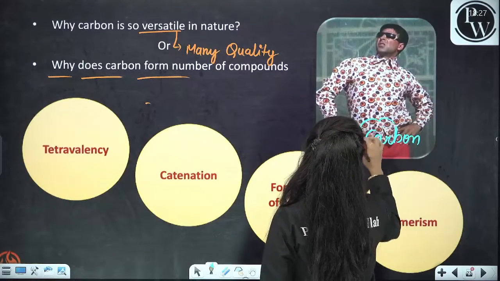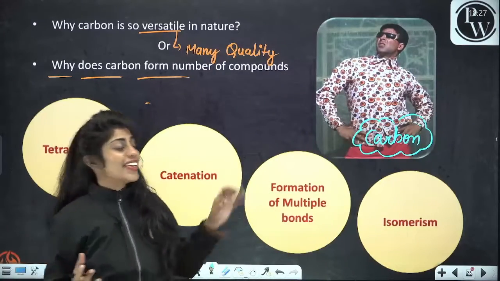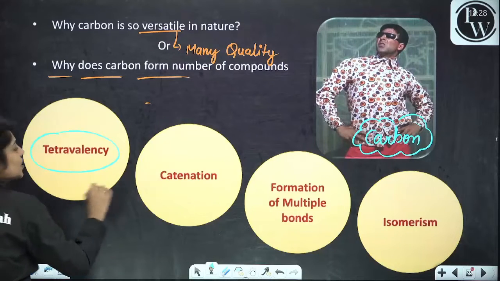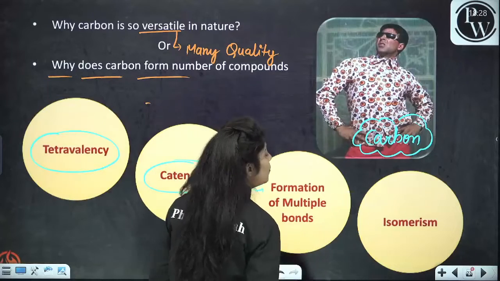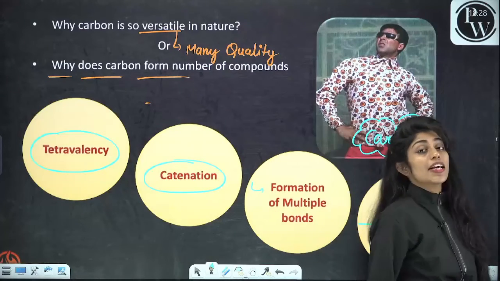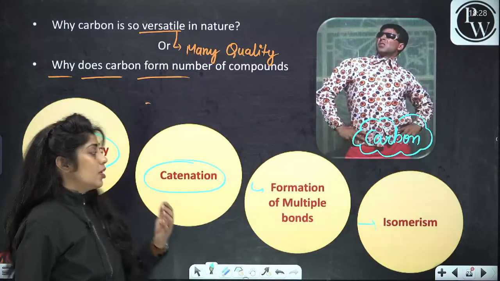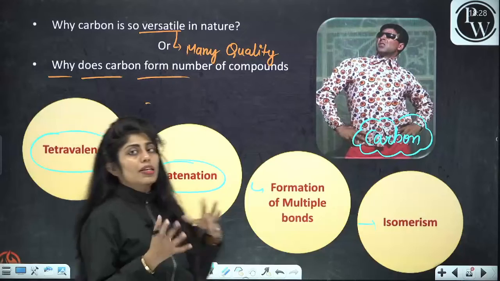Okay, you can laugh right now. Why? Because carbon is so versatile. Now, why? The answer is because it has tetravalency, because it can show catenation, because it can form multiple bonds, and because it shows the concept of isomerism. Done. So, we will discuss these one by one.